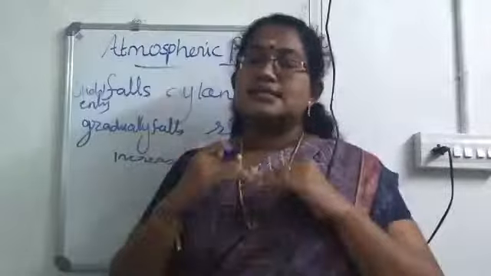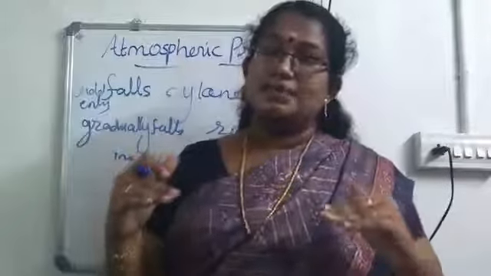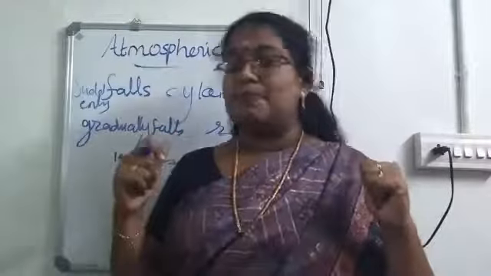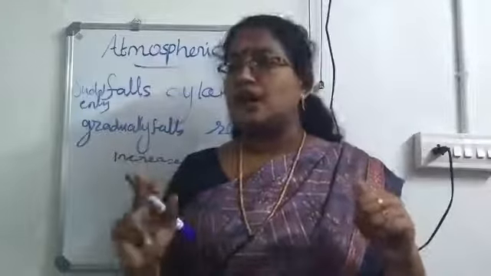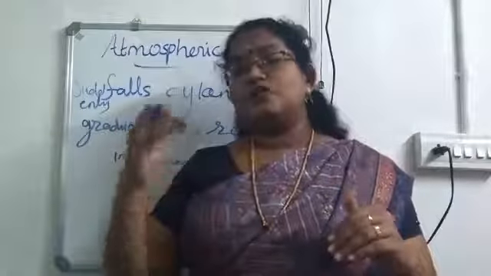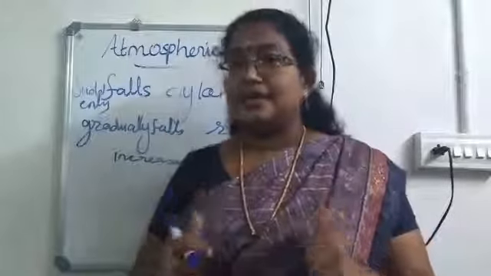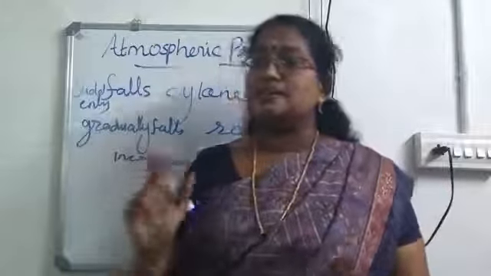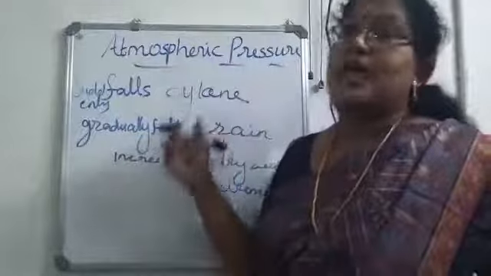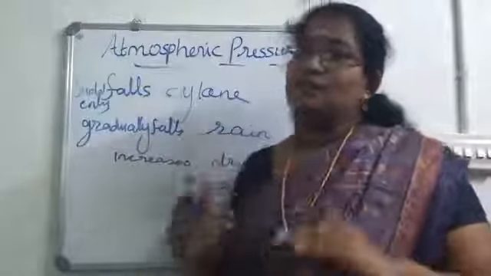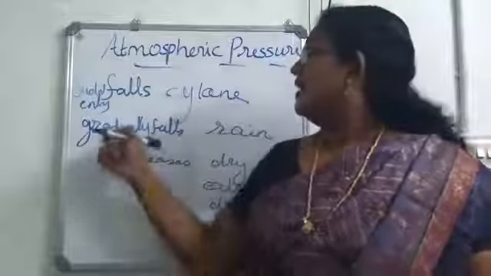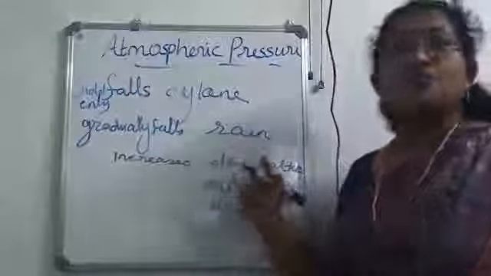So I told you at sea level, 76 centimeter will be the level of mercury in a simple barometer. Now, if the level of the mercury in the barometer suddenly falls at a place, it means that there is a chance for cyclone. If it gradually falls, slowly if it is falling, then there is a chance of rain.